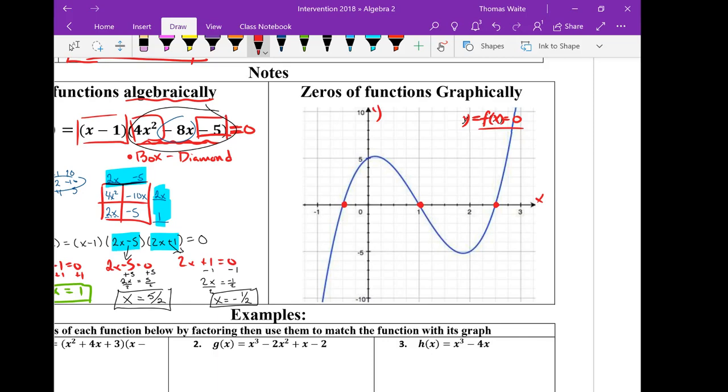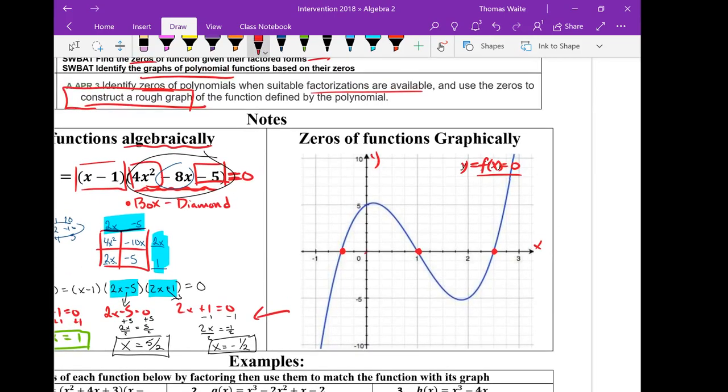So let's confirm that the zeros we got using algebra match up with the zeros we see on our graph. Well, this first one looks like it is halfway between 0 and negative 1, so it's going to be at x equals negative 0.5, or you could say x equals negative 1/2.